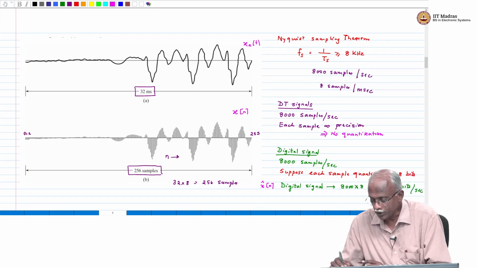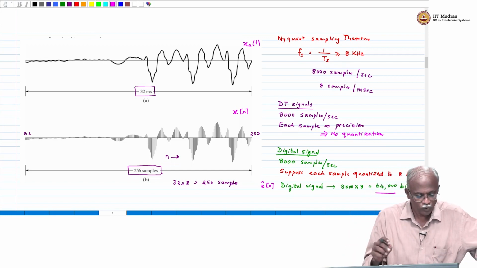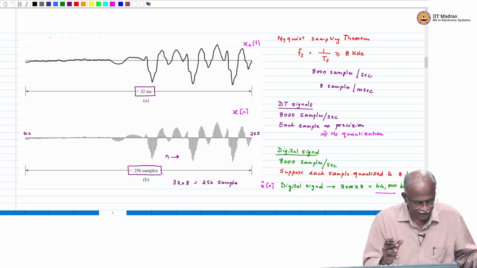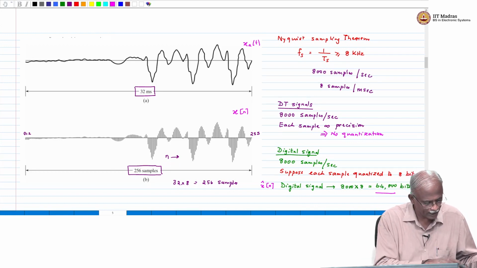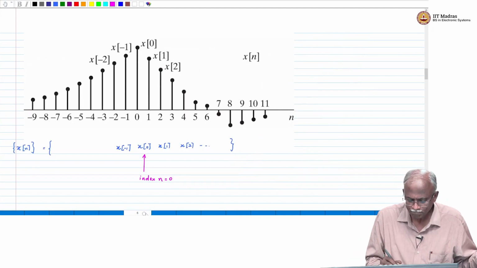So effectively what you will get is 64,000 bits per second. This is how a digital signal is represented in terms of a certain number of bits, and this is very useful for us to keep in mind.